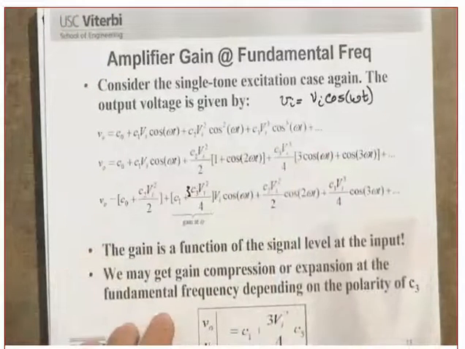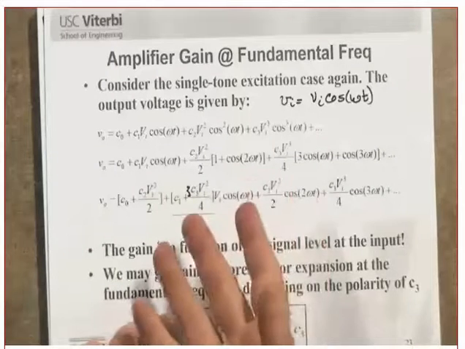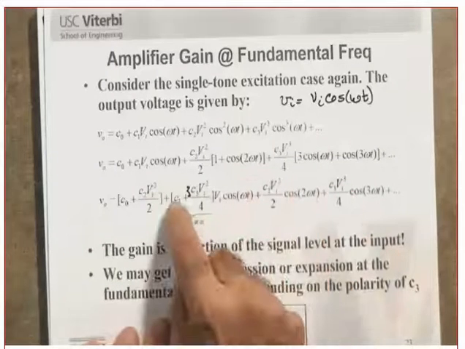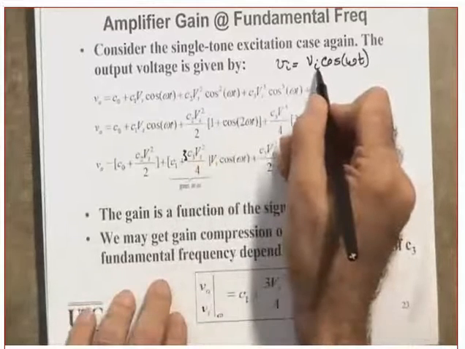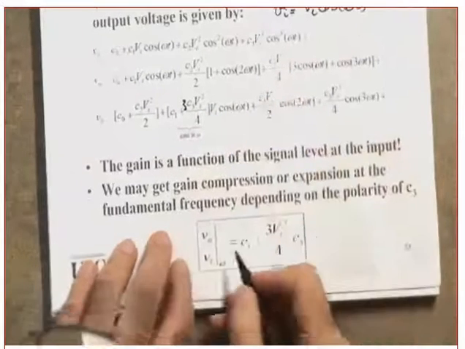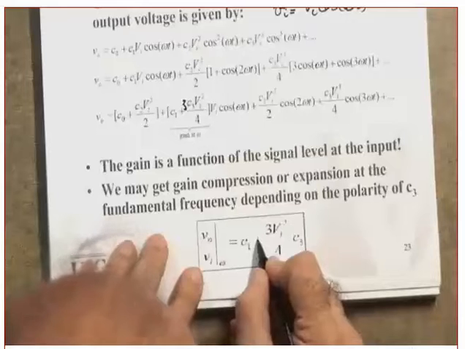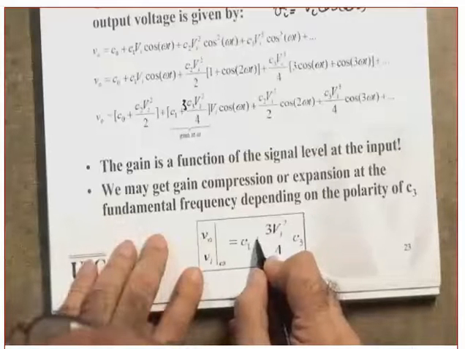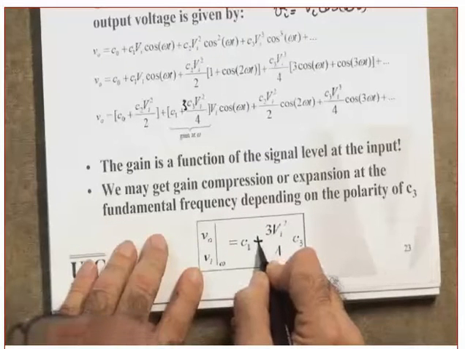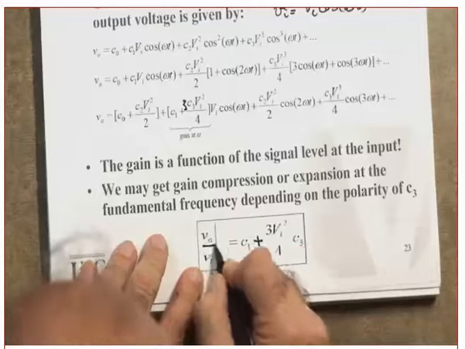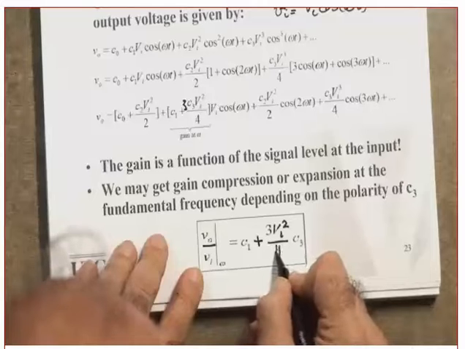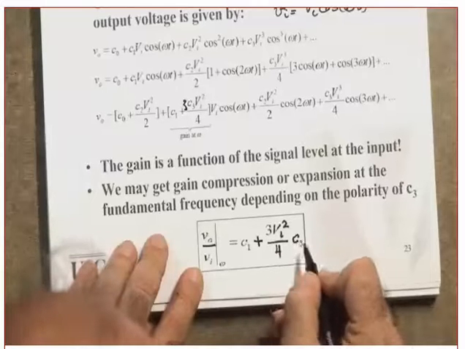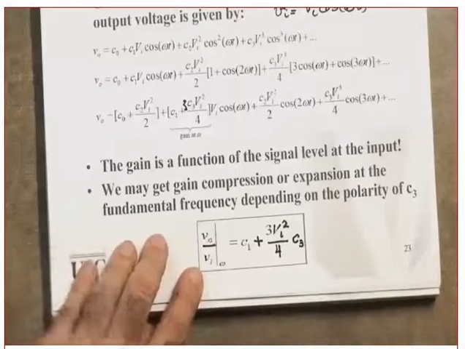What is the gain of the amplifier at the fundamental? It's this divided by this. Do you agree? The VI cancels. So what do you end up with? C1 plus 3 C3 VI squared over 4.